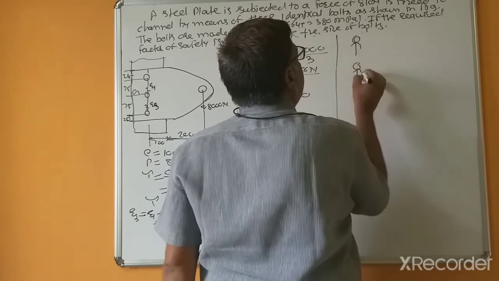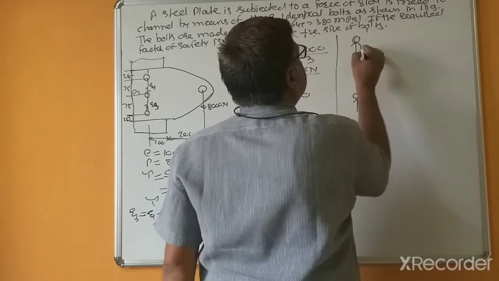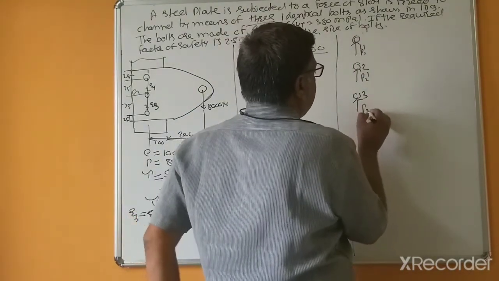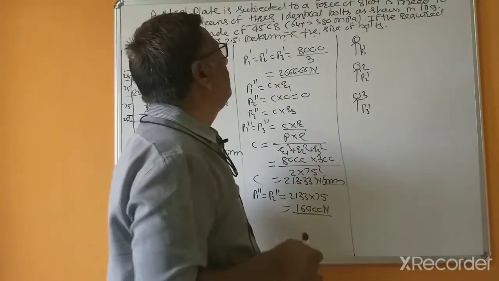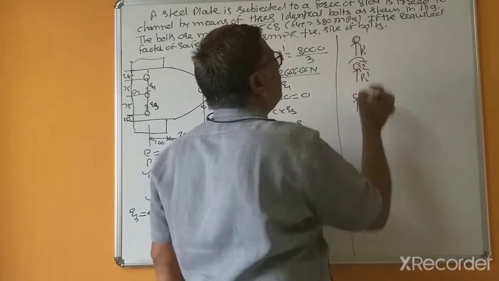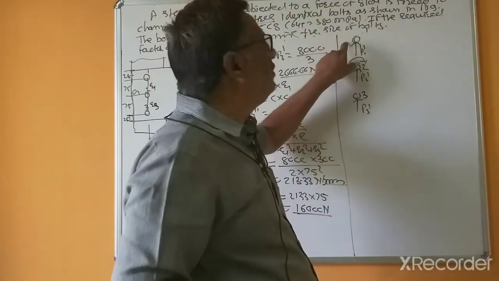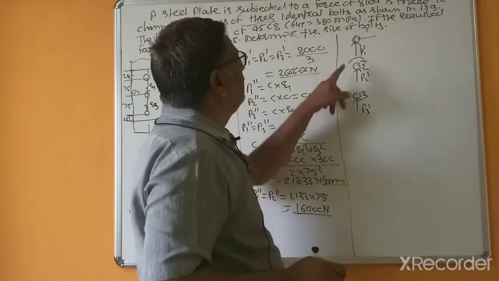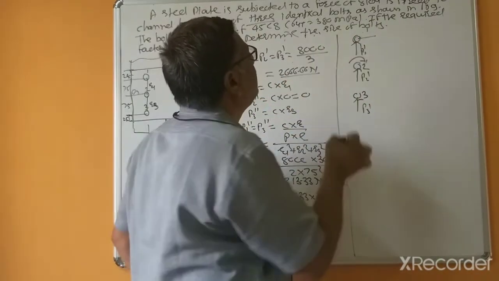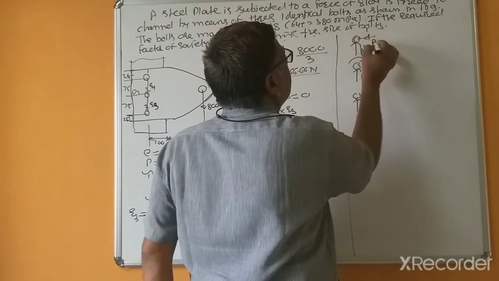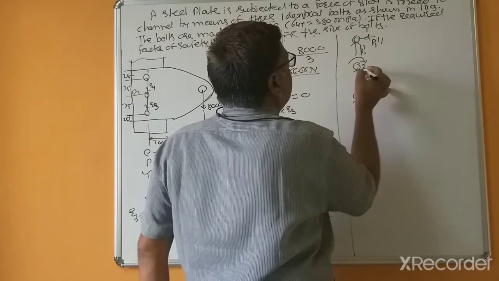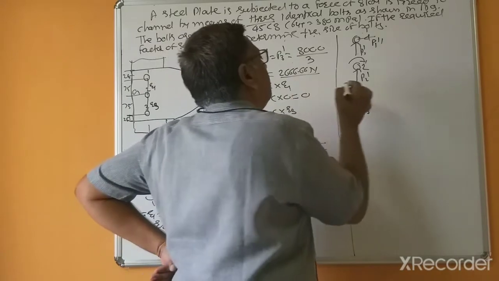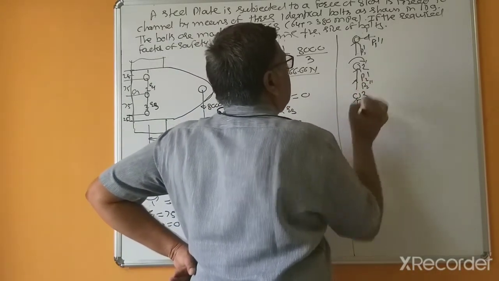This is bolt number 1, 2, 3, and this is P1 single dash, the primary shear force. Now because this will try to rotate, here also the direction will be opposite, so this is P1 double dash, and here opposite means P2 double dash.